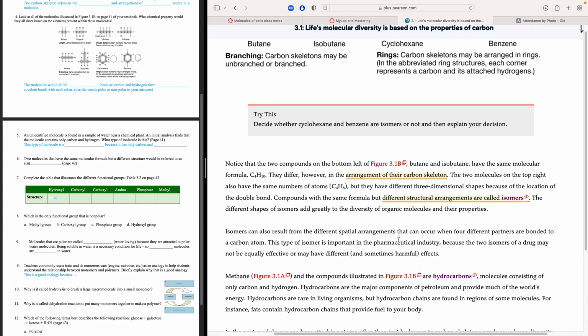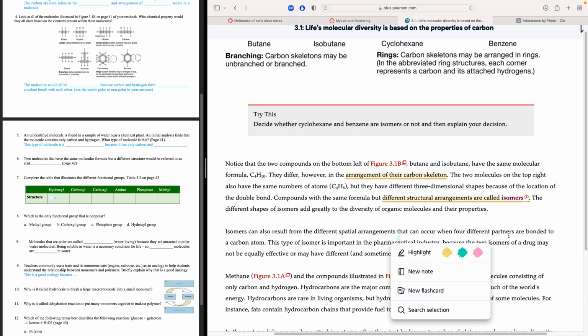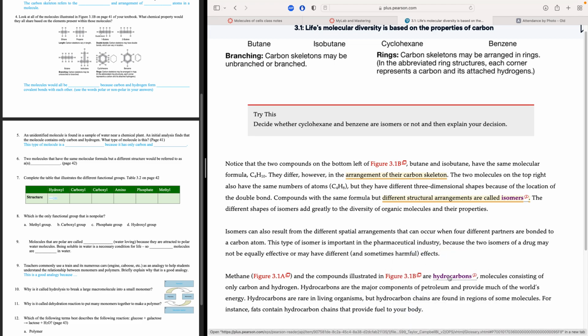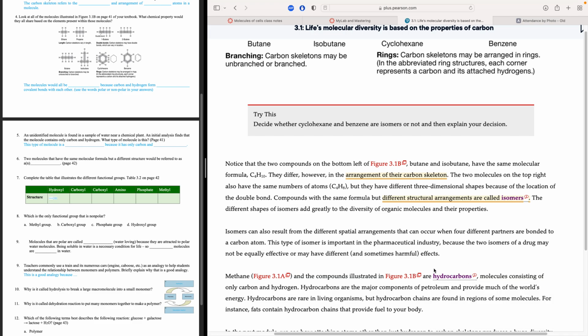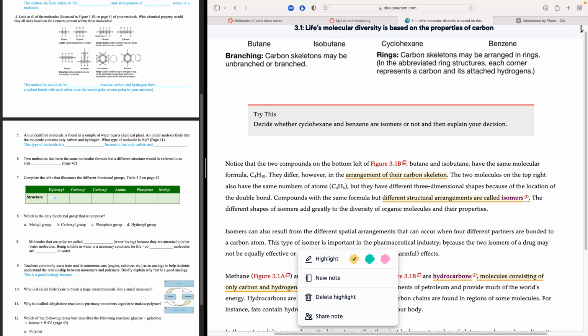Now I'm at the bottom of page 1 in the textbook, and there's one more key word right here. It says hydrocarbons. And if you hover over that, it gives you the definition that it contains only carbon and hydrogen, but as always, the textbook really gives you the answer of what that term is in the sentence itself. So I'm going to highlight that.